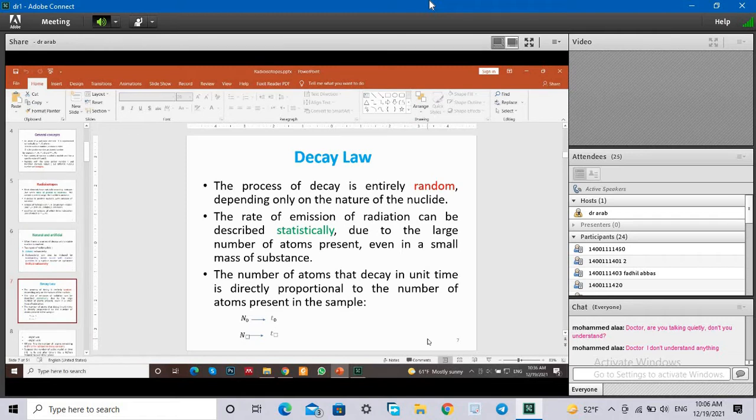In fact, all of them cannot decay in an instant, cannot decay at one time, and the decay of this element will occur exponentially. So at each time, it is important to know the number of nuclei with radioactivity.